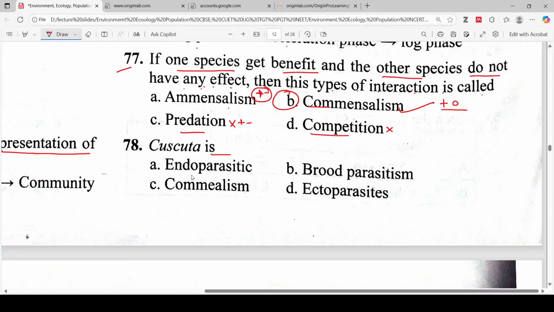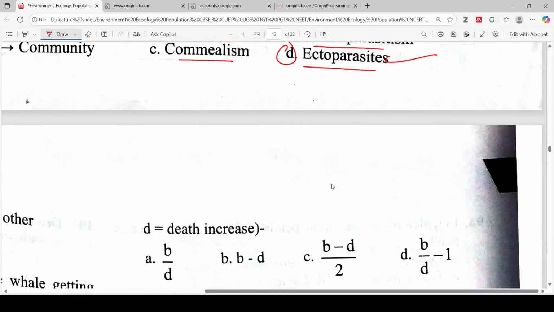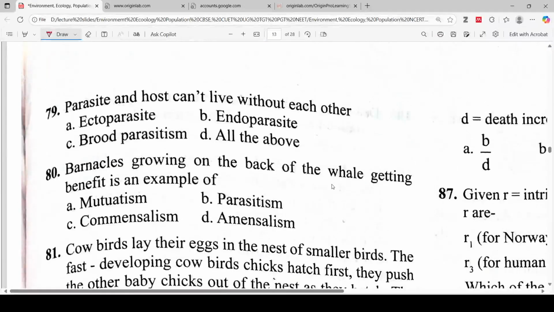Next question. Cuscuta is an: endoparasite, commensalism and brood parasitism, ectoparasite. So the correct answer is option D, ectoparasite. Next question. Parasites and hosts cannot live without each other. Ectoparasite, endoparasite, brood parasitism, all of the above.